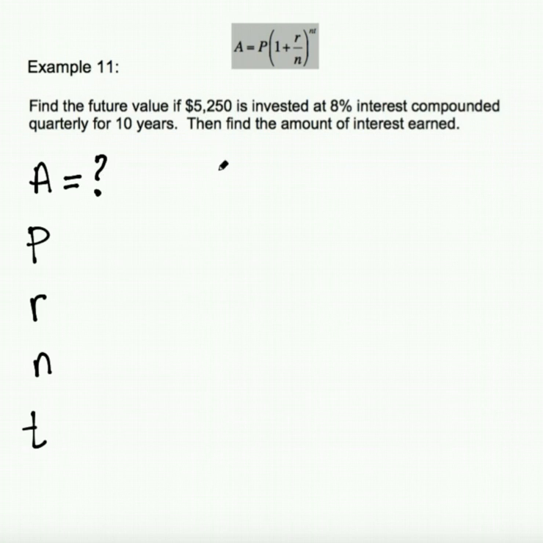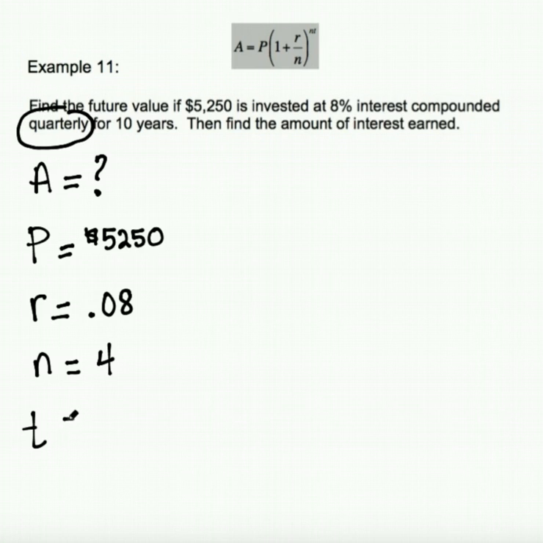If $5,250 is invested, so that's my P, 5,250, at 8%. 8% as a decimal is 0.08. It says compounded quarterly. Quarterly means 4 times a year. So my N is going to be 4. And my T is 10.